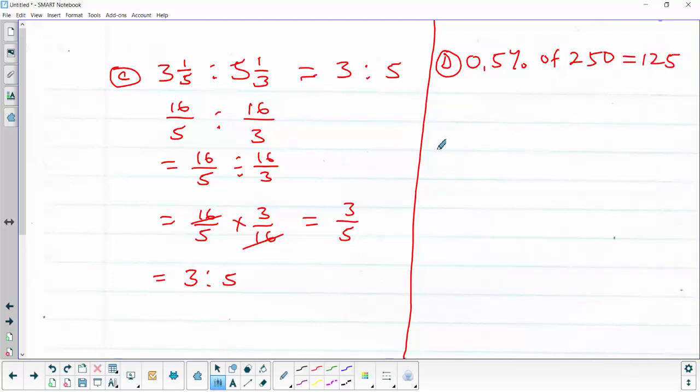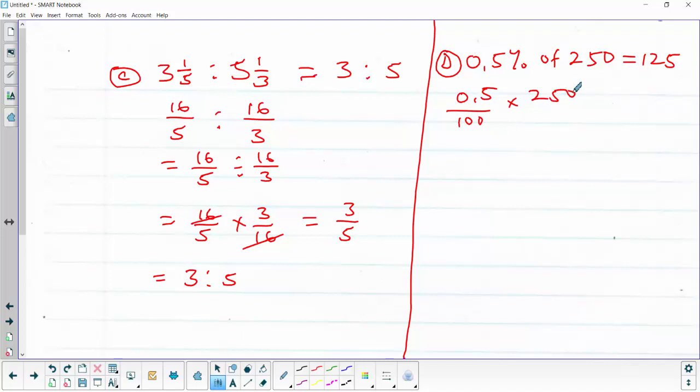So let us prove whether it's true or not. So it's 0.5 divided by 100 multiplied by 250.